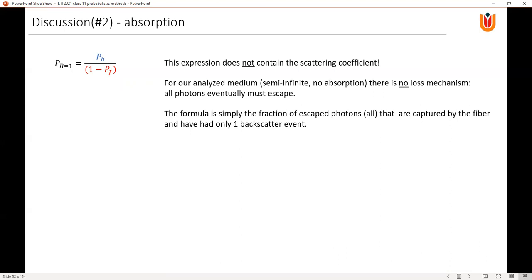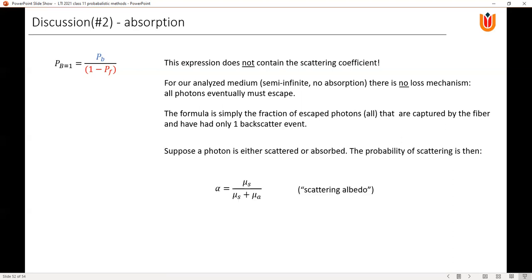This, of course, is not 1 because PF and PB have finite values. So it is important to realize that this does not describe the total reflection. This just describes the fraction of the photons that have had only one extra movement.